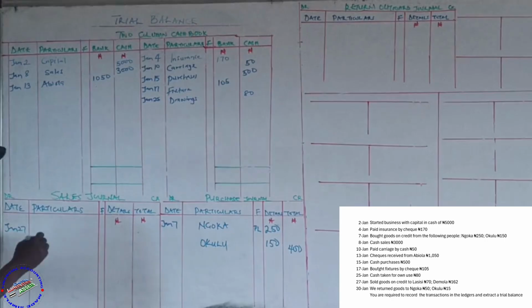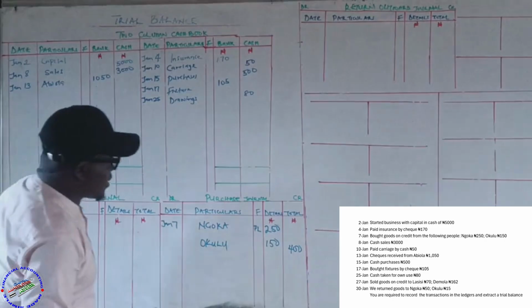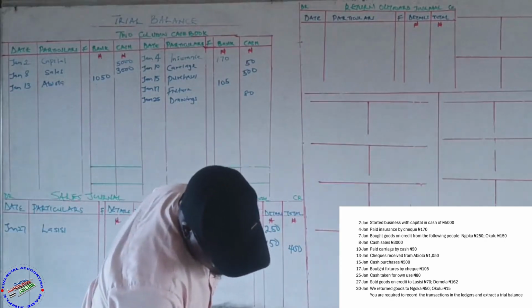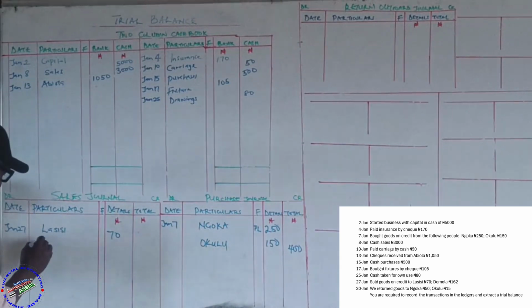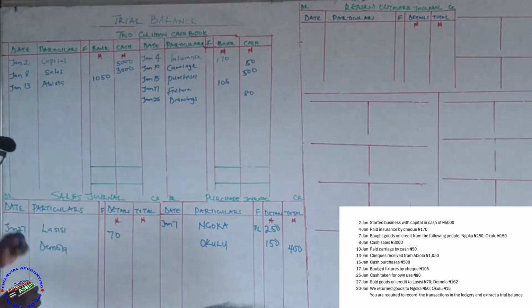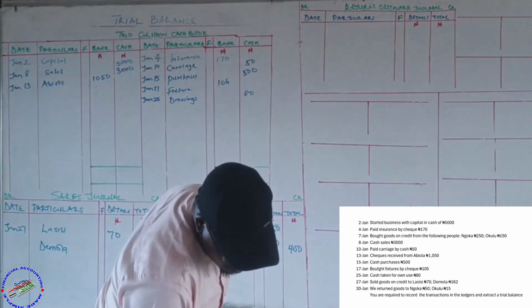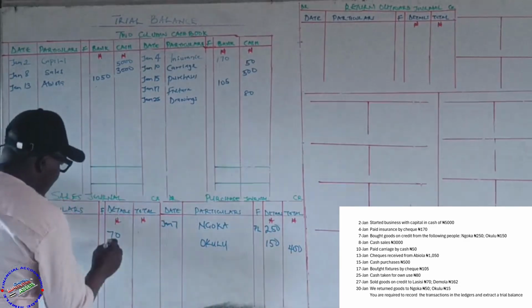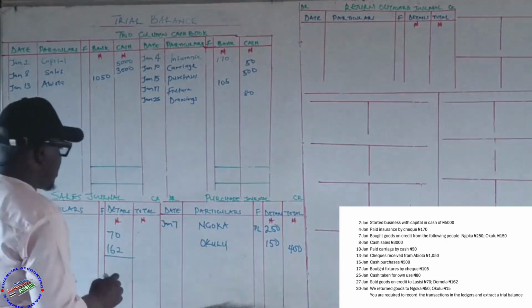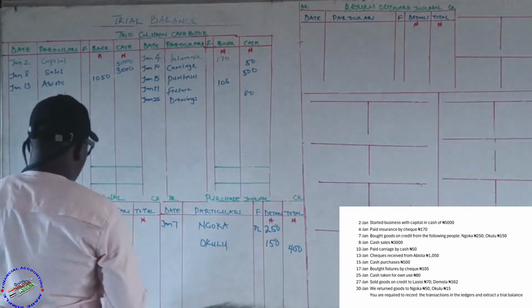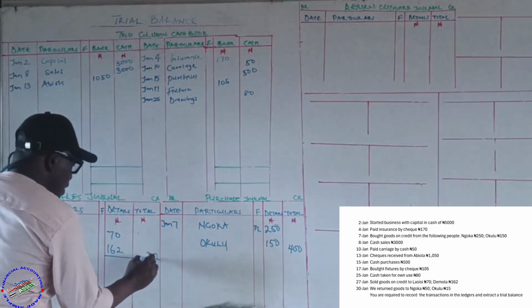So we have Lasisi, and that is 17 naira. And Demola, 162 naira. So if we add all this together, we have 232.